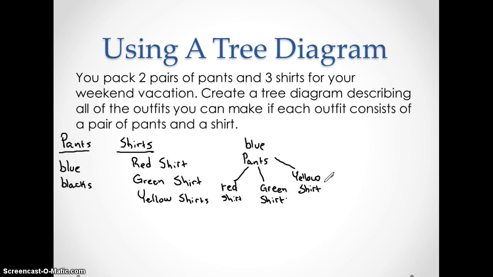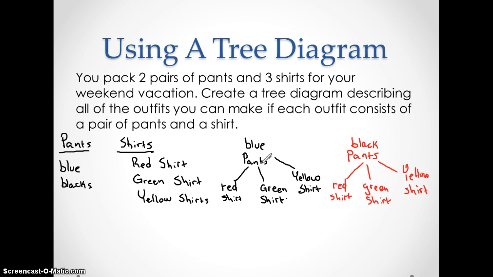But don't forget about your black pants. So if you had black pants, you can wear your black pants with the red shirt. You can wear your black pants with your green shirt. And you can wear your black pants with your yellow shirt. Please excuse the handwriting, but this is what a tree diagram is.